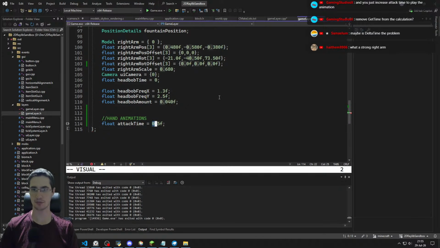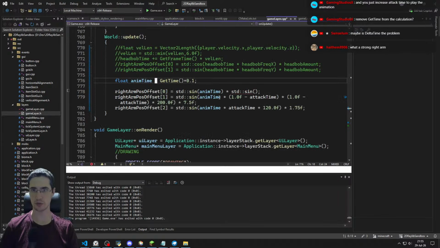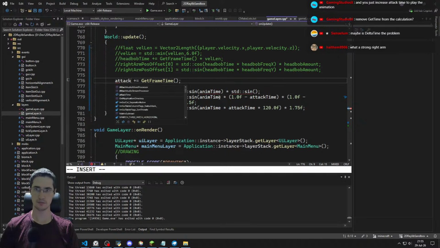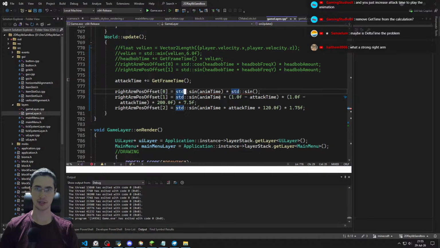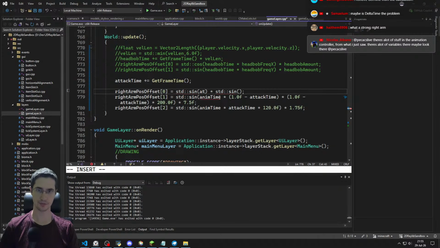Let's use attack time. Let's start from 0. Our attack time will be different. We'll use get frame time, plus equals. We'll remove this. Attack time. And here we'll use attack time.